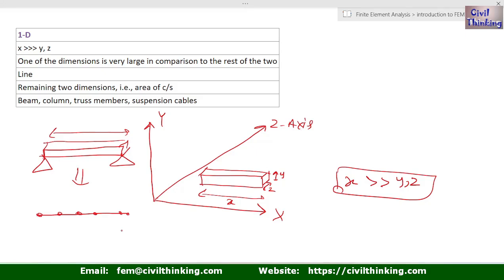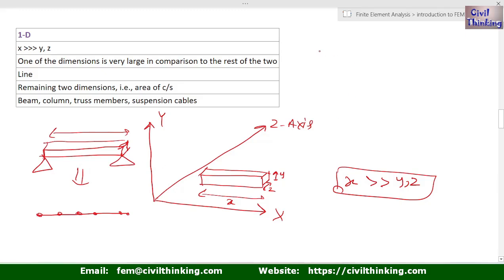Now the first thing to always do, when you have a 1D body, is to convert it into a line element, okay, line elements. And then what about the cross section?